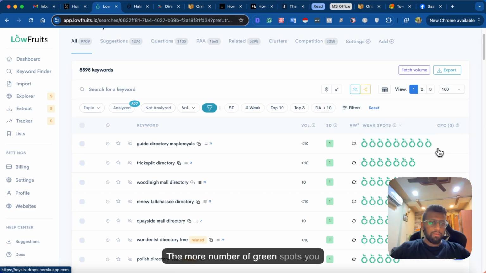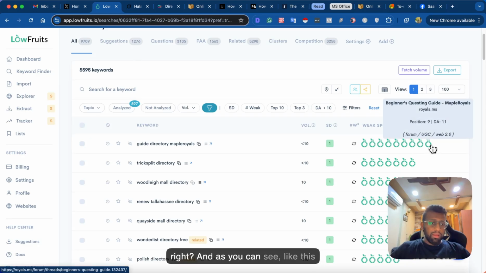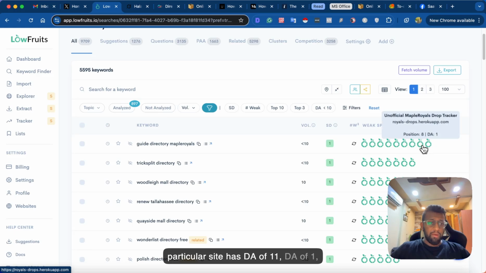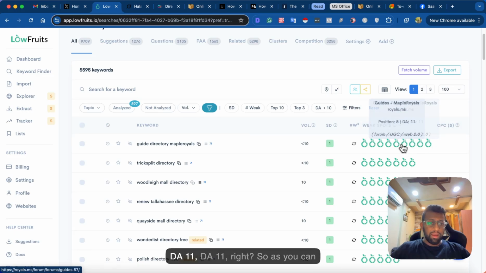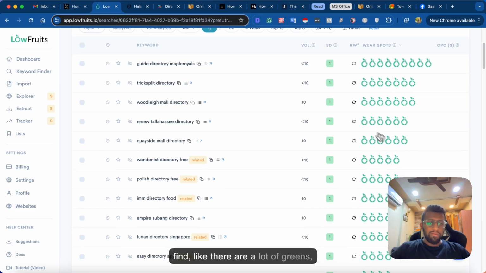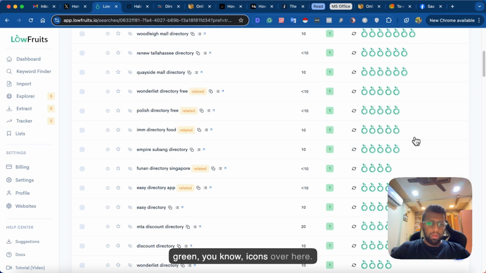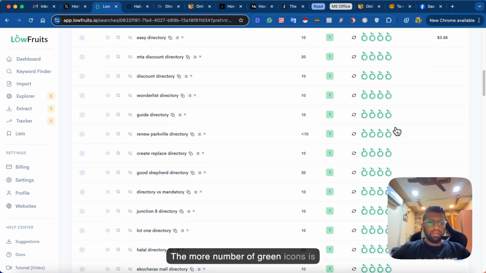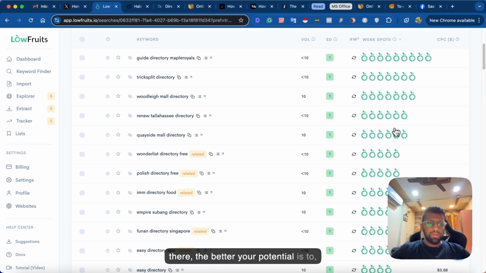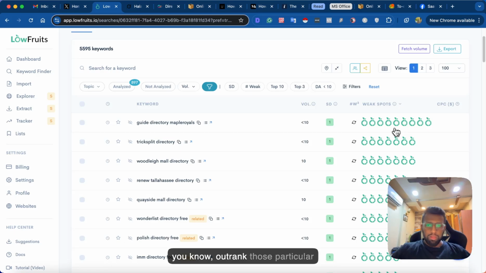The more green spots you find, the more weak spots there are, meaning how many search results there are with low domain authority. As you can see, this particular site has a DA of 11, DA of 1, DA 11, DA 11. There are a lot of green icons over here. The more green icons there are, the better your potential to outrank those particular sites.